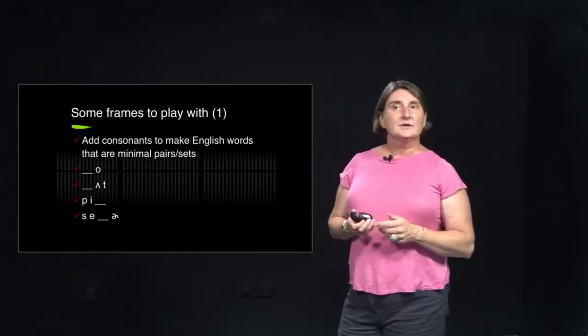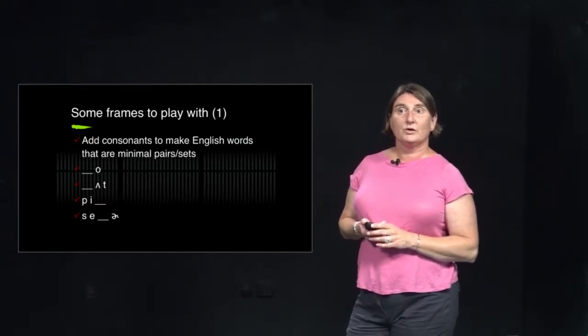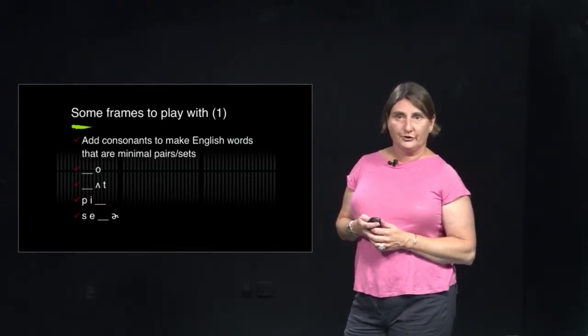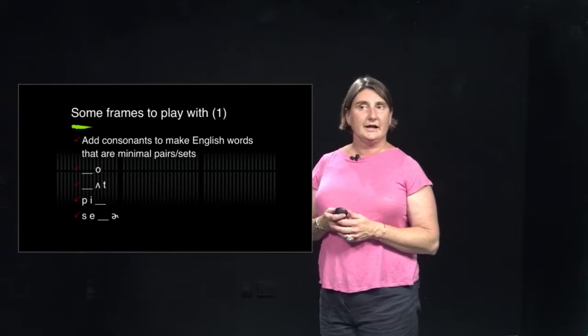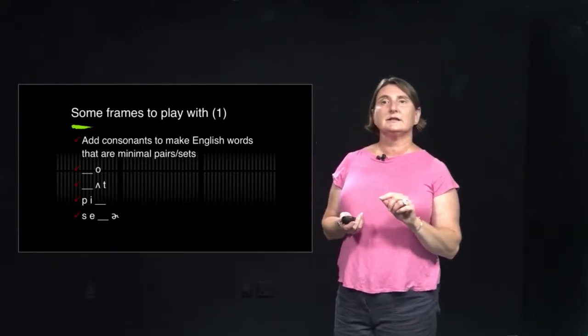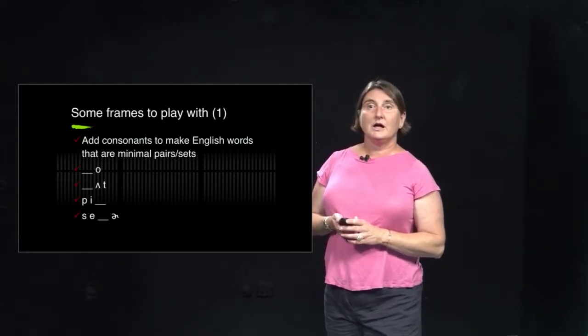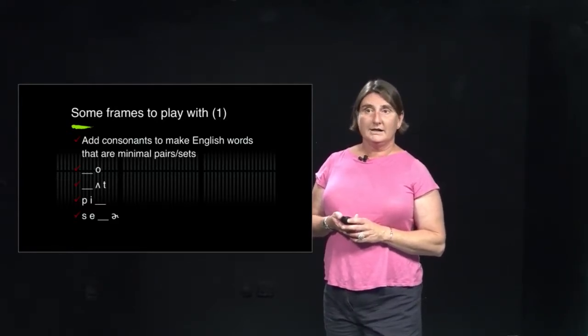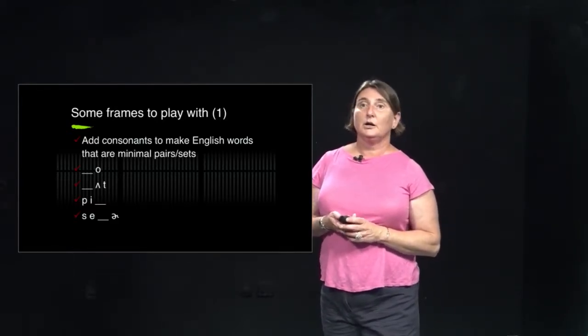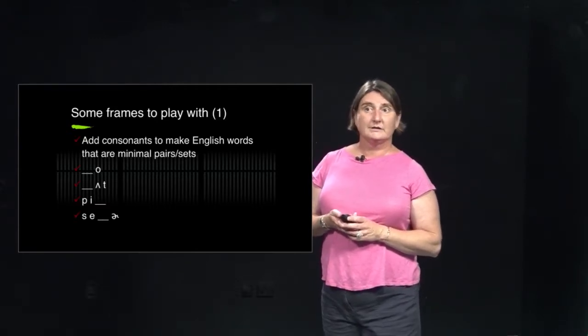Okay, let's go. So if you'd like to go on and think of some more examples with the O, feel free to do that. I'm going to move on to the next one, which has a blank for a consonant, and then ut. So we could have nut, mutt, cut, butt, rut.